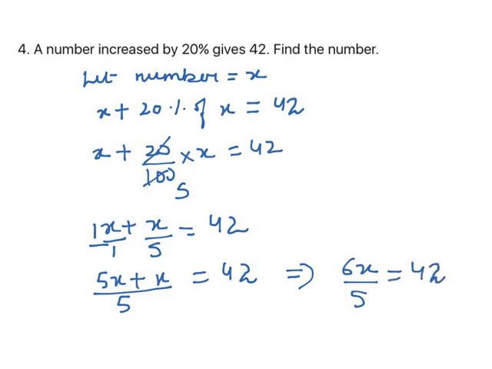That means x is equal to 42 times 5 divided by 6. Now 6 times 7 is 42, so x equals 35. So it means that if we increase 35 by 20%, we will get 42.